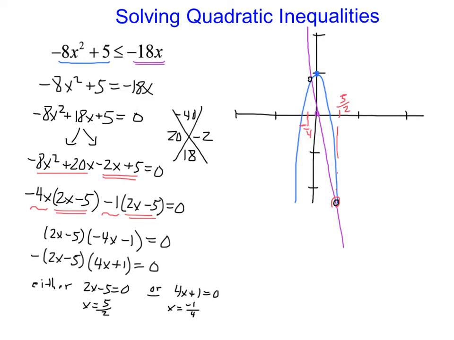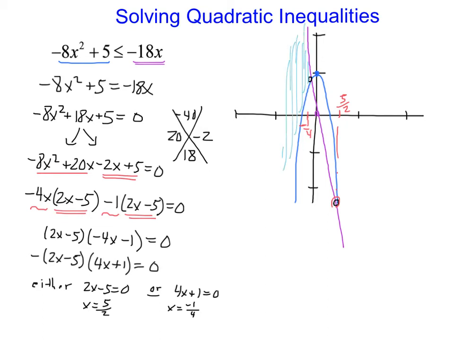Now comes the third part of GA. We graphed over here, G, GA. We did algebra here. So solve for those intersection points, and now we're going to analyze, referring back to our graph. And we want the region where this line here is above that parabola. And that's going to be here.